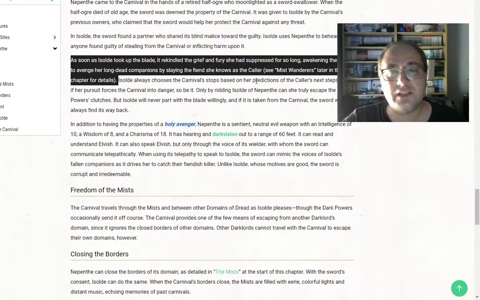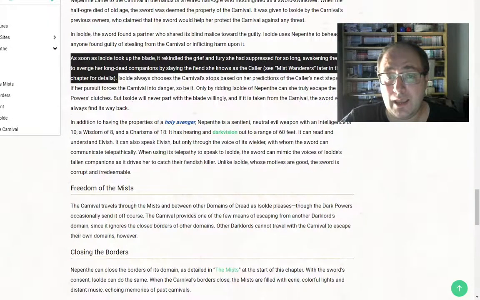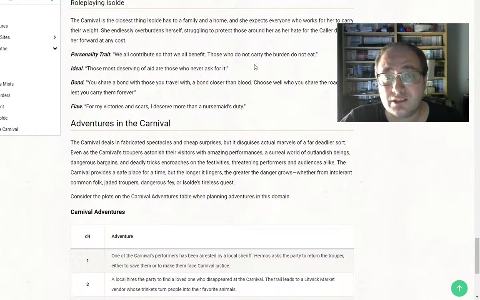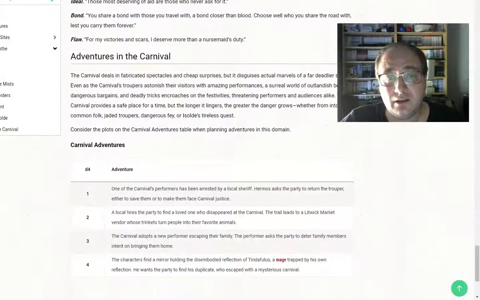And Isolde is hunting this supernatural serial killer and manipulator. That could make for a very fun campaign as well, where you play a group of investigators helping Isolde hunt down the Caller. And that could be an interesting campaign. Unfortunately, it's buried here, and almost nowhere else is this mentioned again.